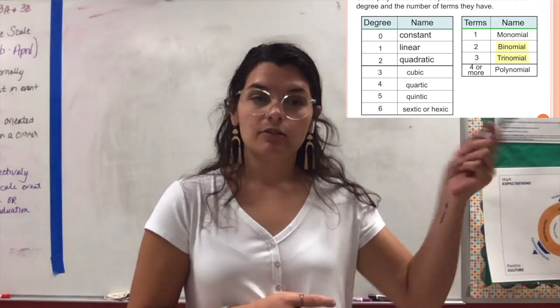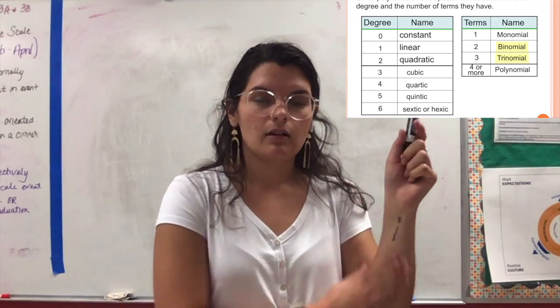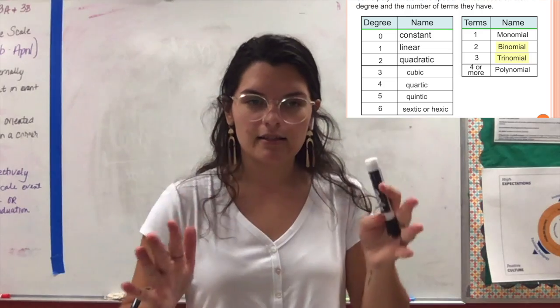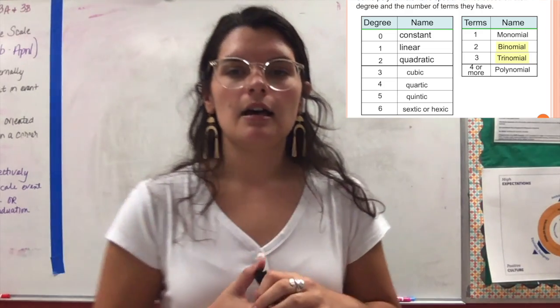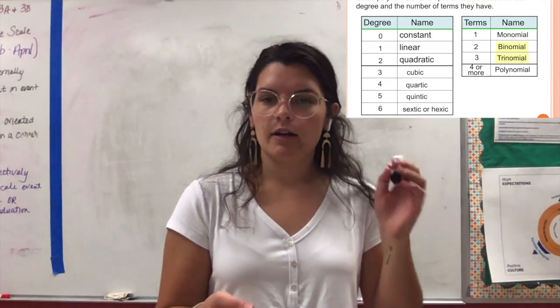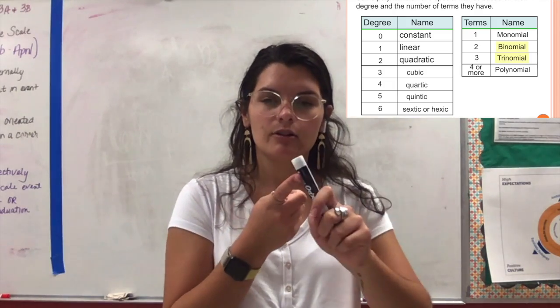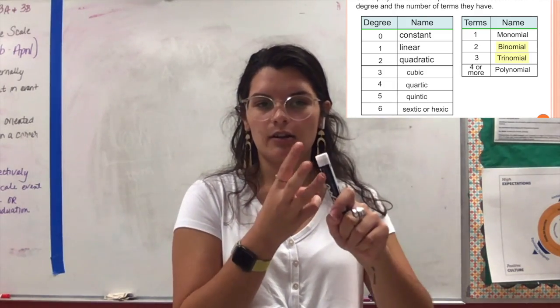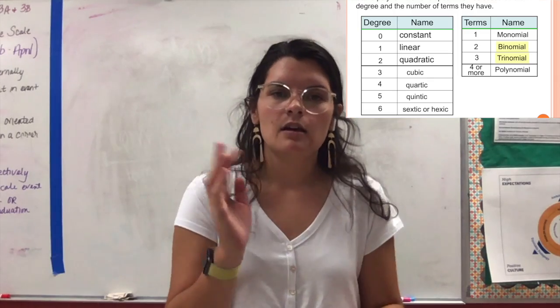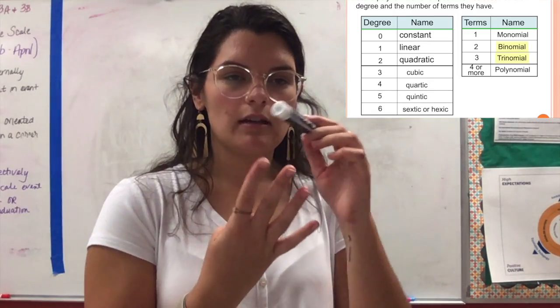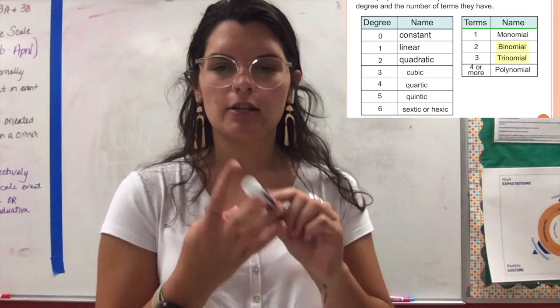You do need to memorize this chart though. That's super important. This lesson is going to be mostly memorization. But luckily we already know 4 terms. We know monomial, binomial, trinomial, and polynomial. Now we're going to learn how to name these by the degree.